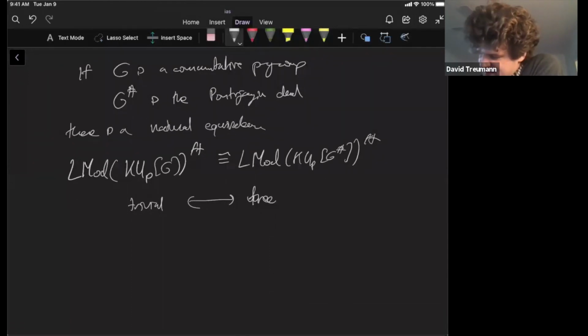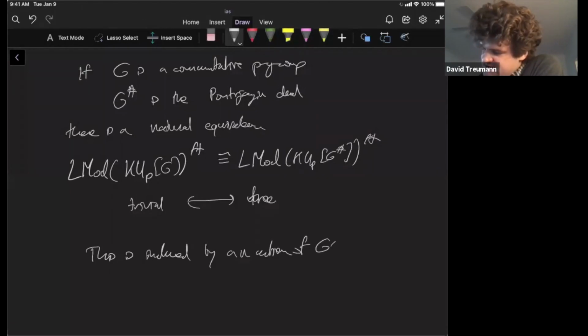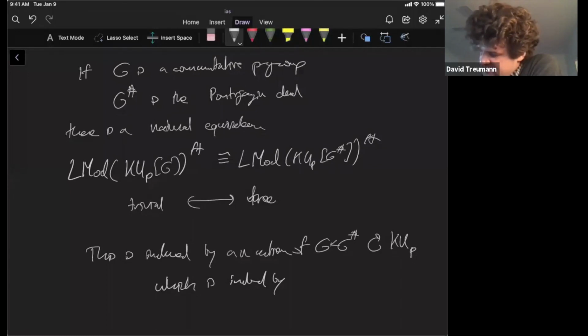So an equivalence between categories of algebras is induced by some bimodule. So this is induced by an action of G times G sharp on KU or KUP, which is in turn induced by an action.